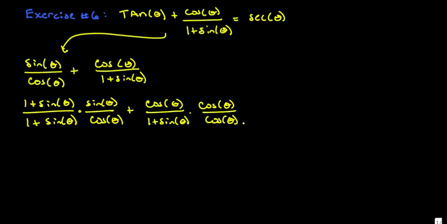Okay. So what I'm doing is I'm multiplying top and bottom of this guy by 1 plus sine, which is this denominator. And then I'm multiplying top and bottom of this guy by cosine, which is this denominator.